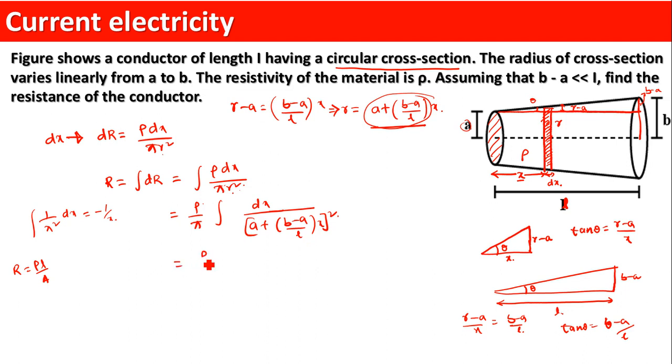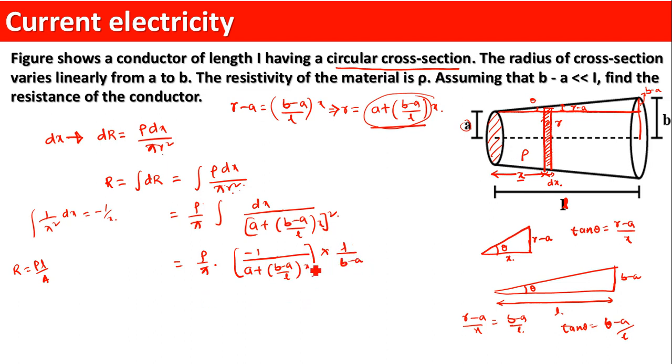That's it. Rho by pi. Now what about the integration of this? Minus 1 by A plus B minus A by L into x. Whatever the coefficient of x is, that will come in the denominator. So I am writing this as L by B minus A.